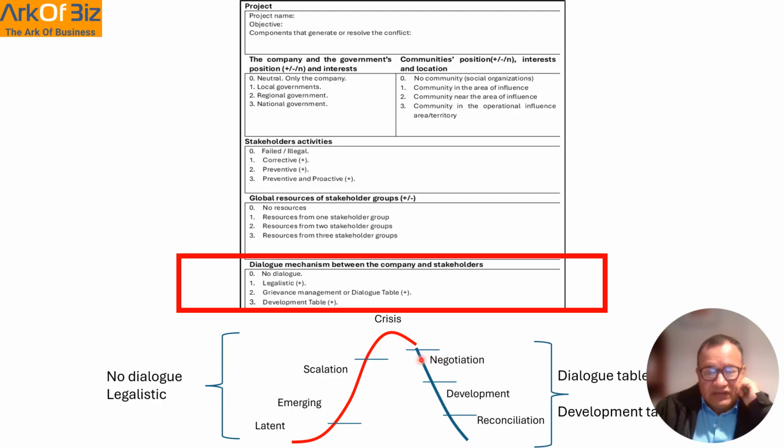In contrast, in the blue line, mechanisms such as dialogue table or a grievance mechanism or a development table help to ease tensions, foster trust, and ultimately strengthen the company's social license to operate.